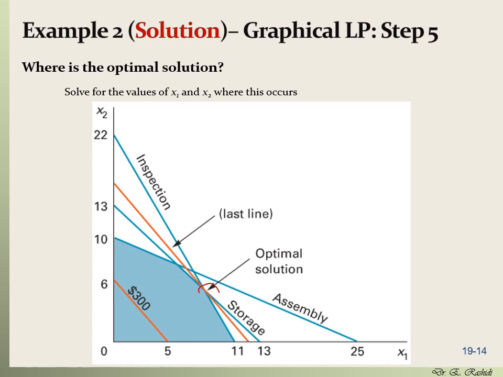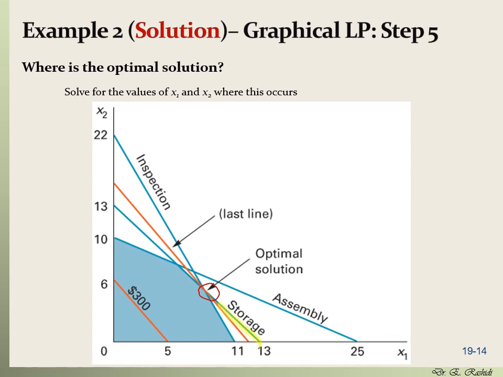All right, so the optimal solution, this corner or the extreme point, is always at an intersection of at least two constraints. As you see here, this point is at the intersection of these two lines.